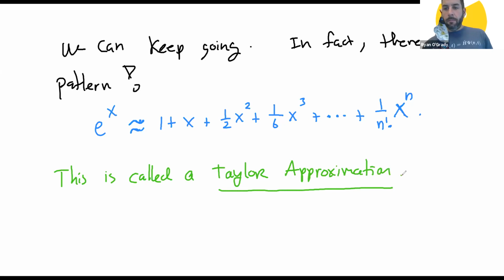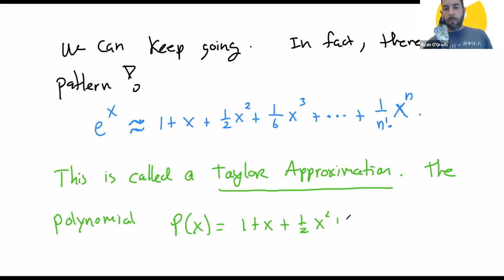And the polynomial P equals this creature, this is called a Taylor polynomial.